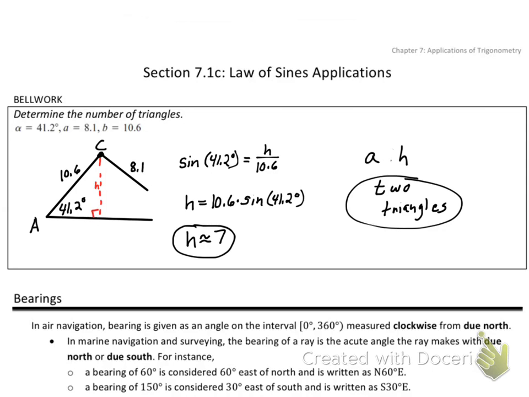I was thinking of what I was going to say next. We did already do that check that A was less than B, right? So that's why this is true. Okay, so A is bigger than H, and we already did this check that A was less than B. So that makes it 2 triangles. That's why I always do that A and B check first. That should be the first thing you do. Is my dangling arm longer than the other arm? Yes or no? That will tell you what to do next.